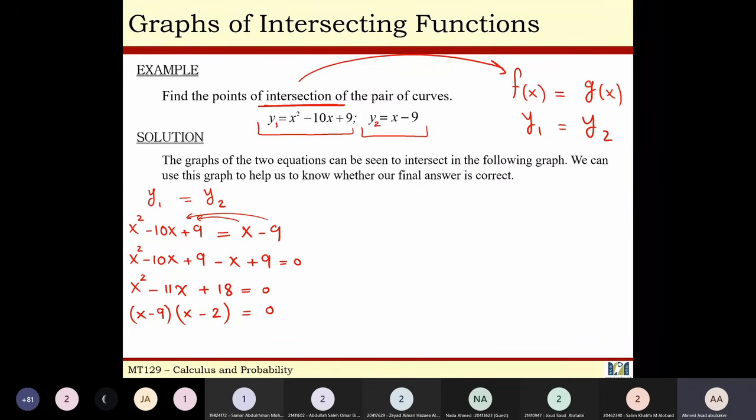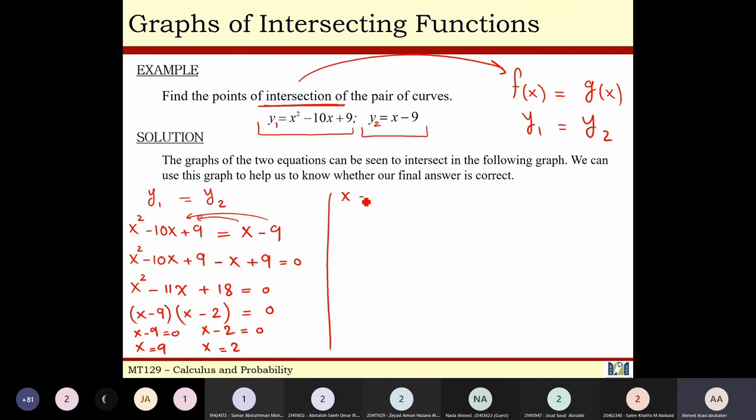This is correct. So we have x minus 9 equals 0, x minus 2 equals 0. So we have x equals 9 and x equals 2. Excellent.